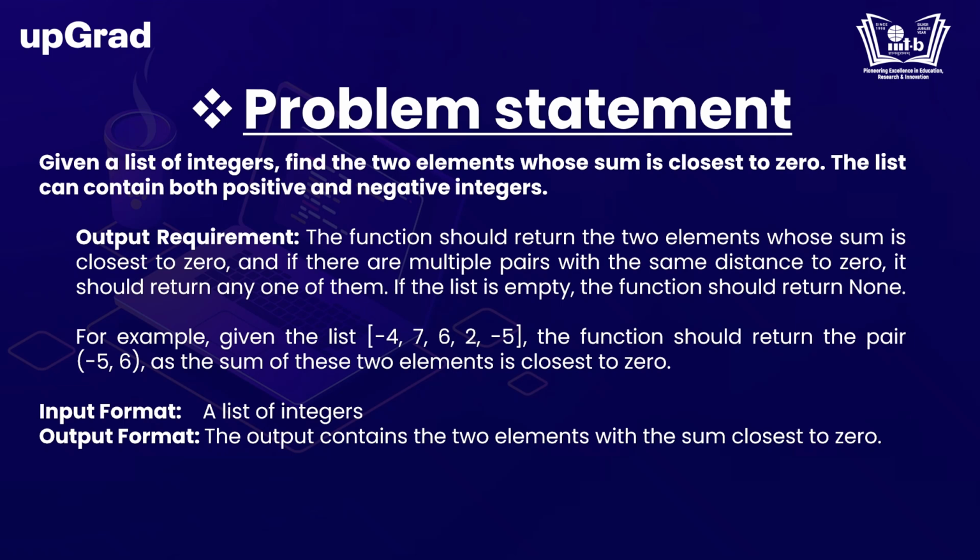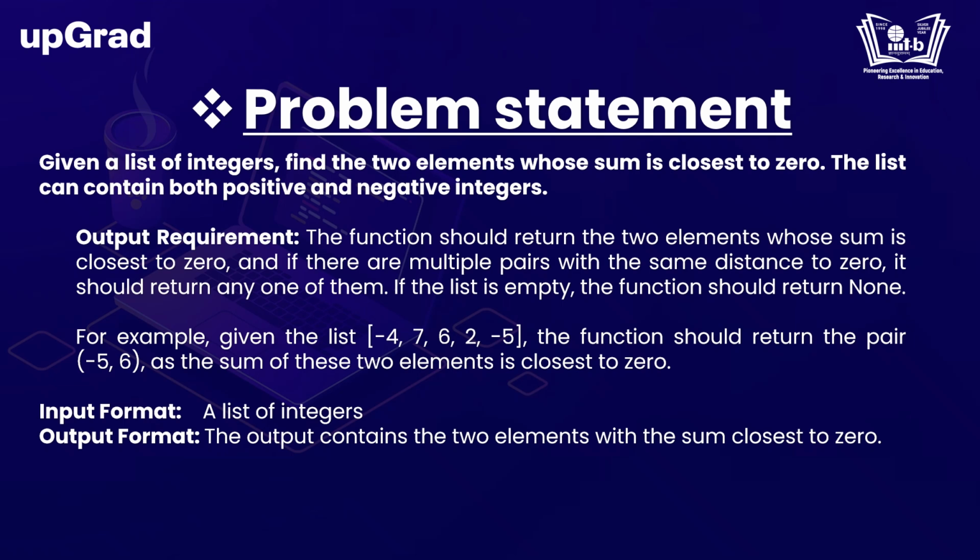The function should return the two elements whose sum is closest to 0, and if there are multiple pairs with the same distance to 0, it should return any one of them. If the list is empty, the function should return None.